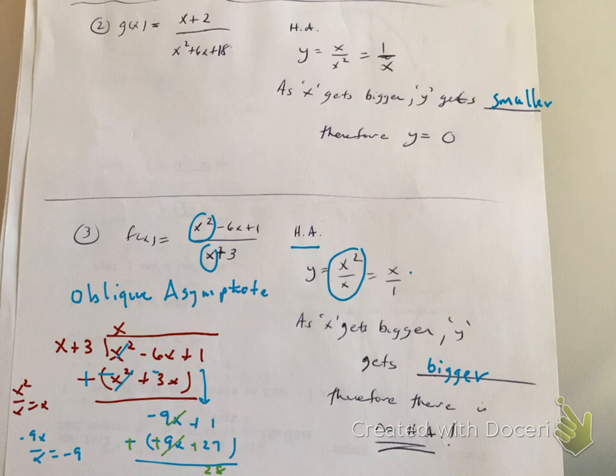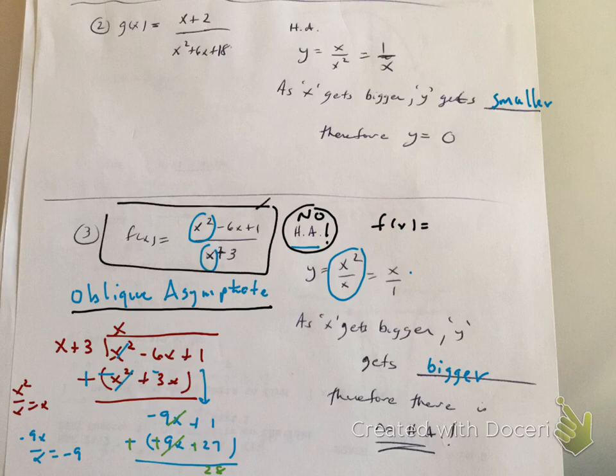So what that means is that this equation that you started out with has no horizontal asymptote. It has an oblique asymptote, and that oblique asymptote is going to be of this form right here. We've changed this equation to look like this equation, and, I forgot to write the minus 9 here, it's going to be x minus 9 plus the 28 over x plus 3.